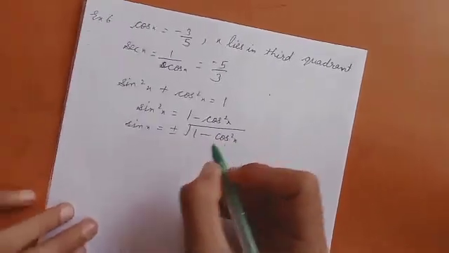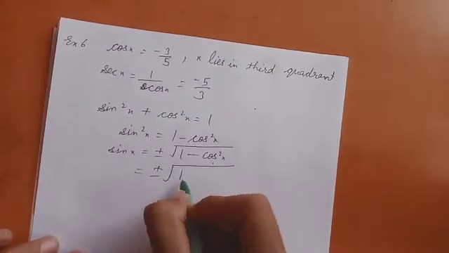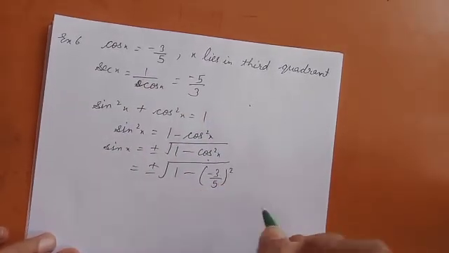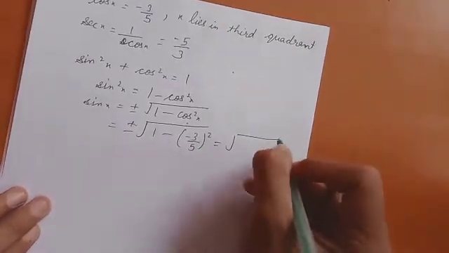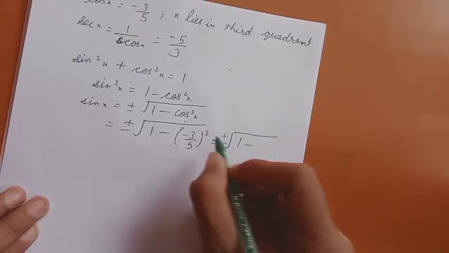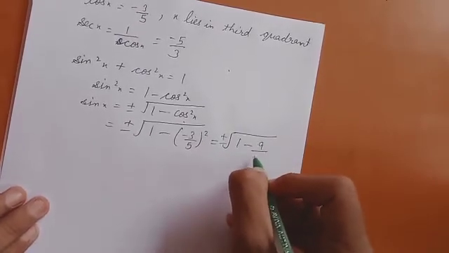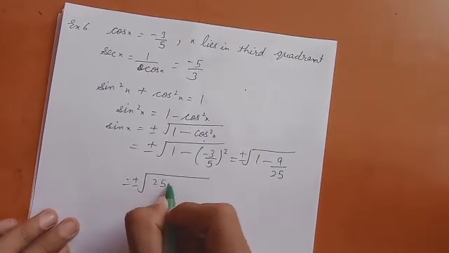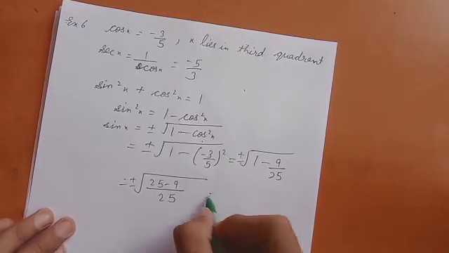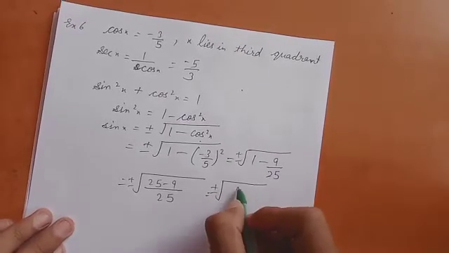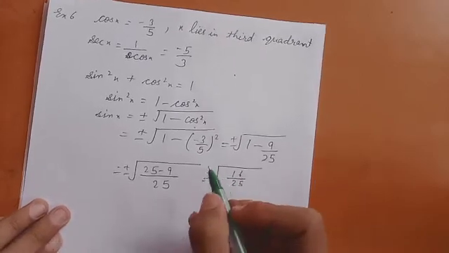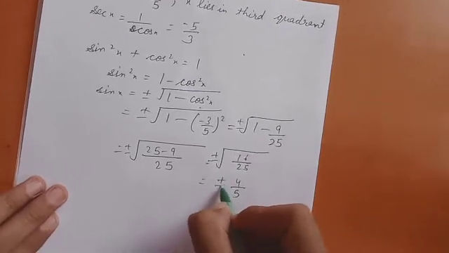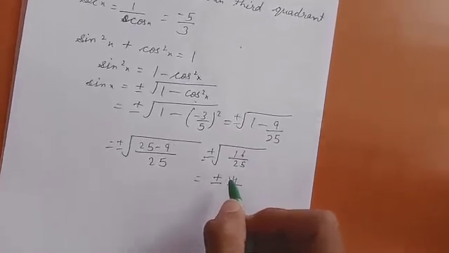We put the value of cos x here, that is 1 minus (minus 3 by 5) squared. Squaring, we get 1 minus 9 by 25. After solving, with 25 as the LCM, we get plus minus the root of (25 minus 9) by 25, which becomes 16 by 25. The square root of 16 is 4 and of 25 is 5, so that is plus minus 4 by 5.